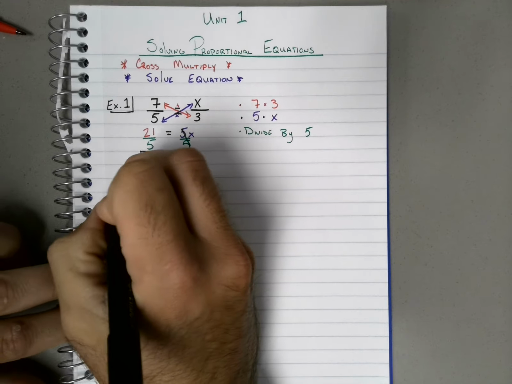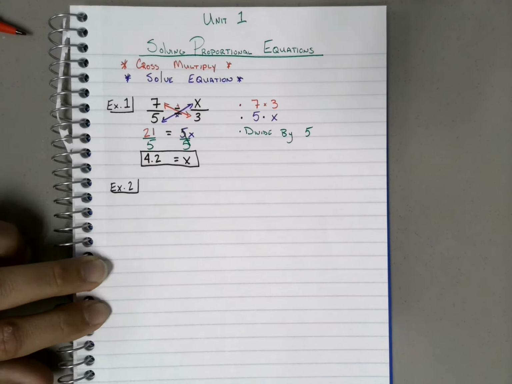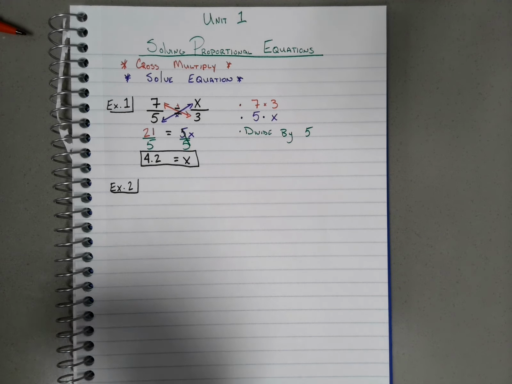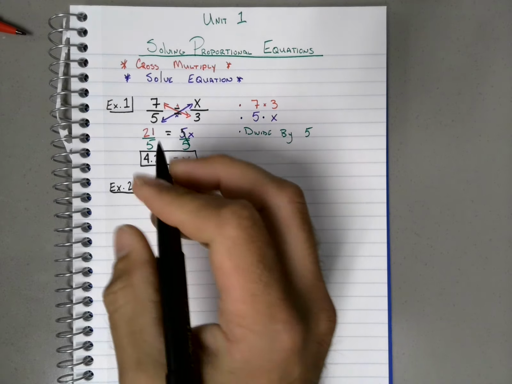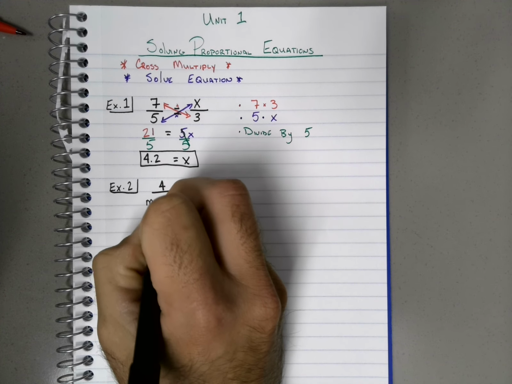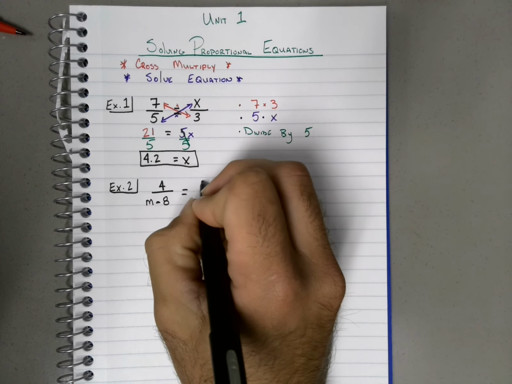Let's look at another one, and they'll get a little harder. I'll give you an easy one, then a couple more difficult ones. So let's say we have 4 over m minus 8 equals 8 over 2.